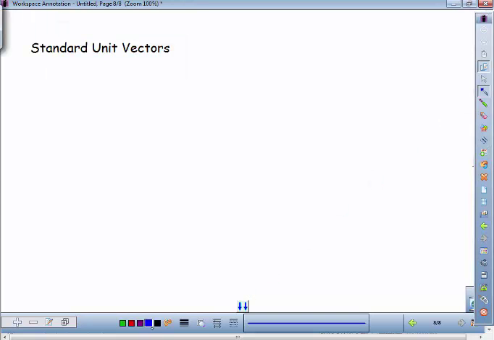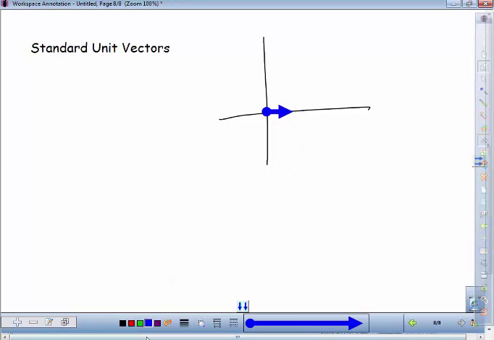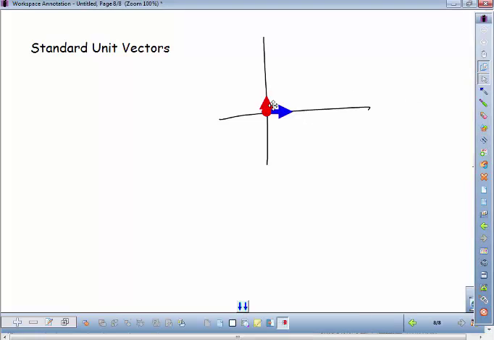And again, just living in 2D right now, there's two important vectors here on the xy plane. And those two vectors are the vectors that are moving from the origin along the x-axis and then up along the y-axis.